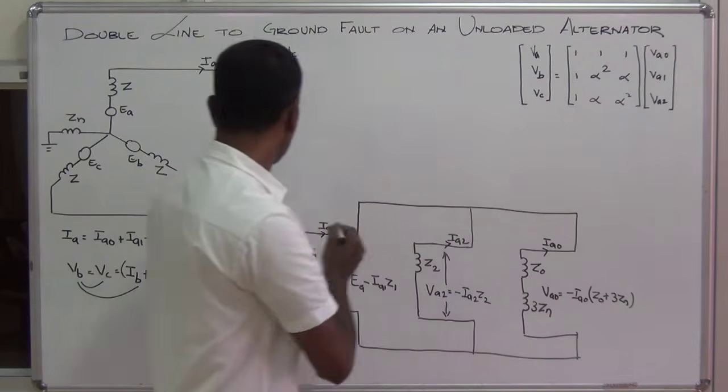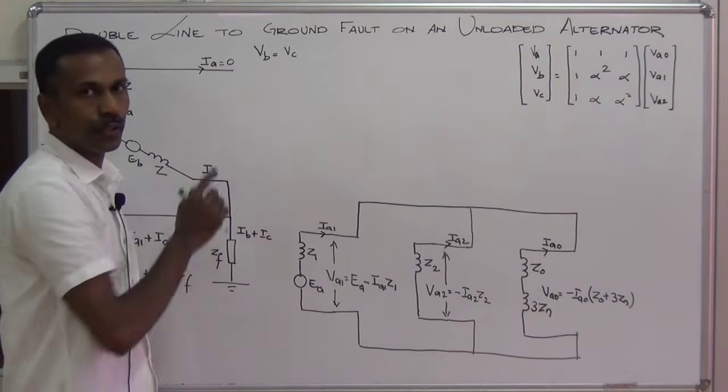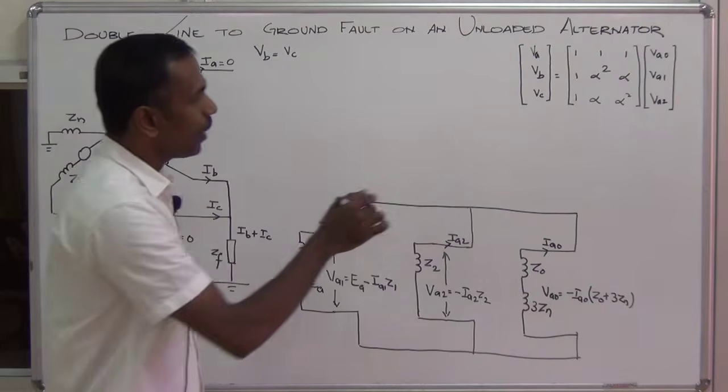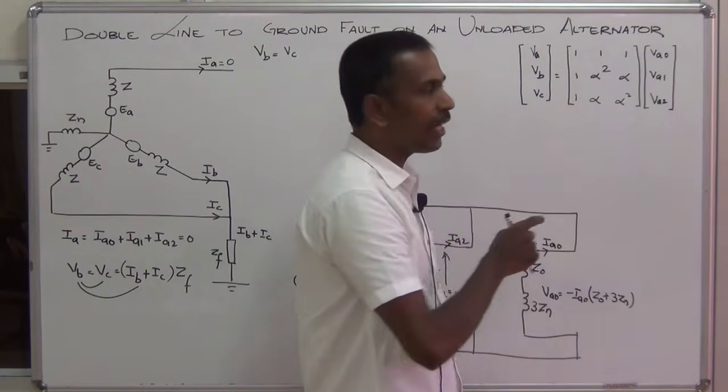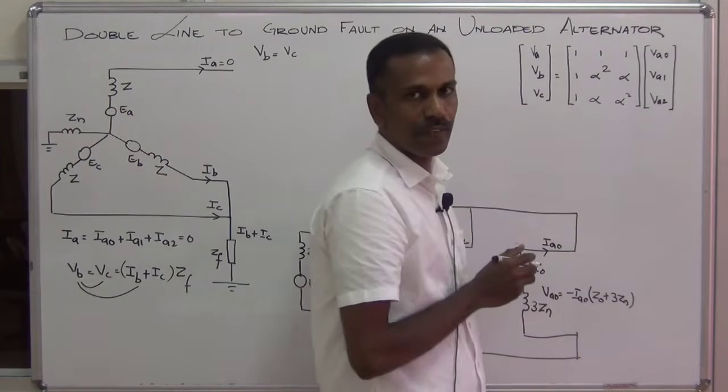Here VB equals VC. This is the condition we are using first. VB equals VA0 plus alpha square VA1 plus alpha VA2.